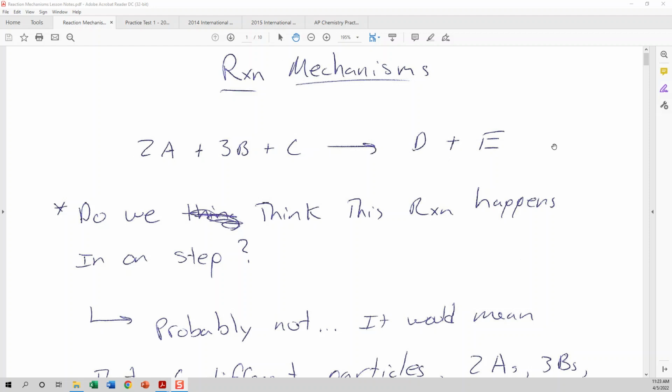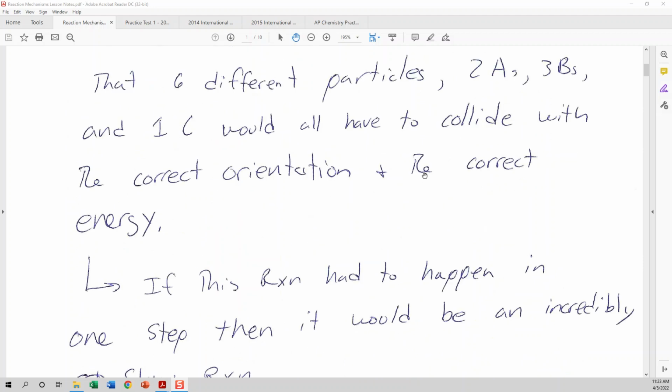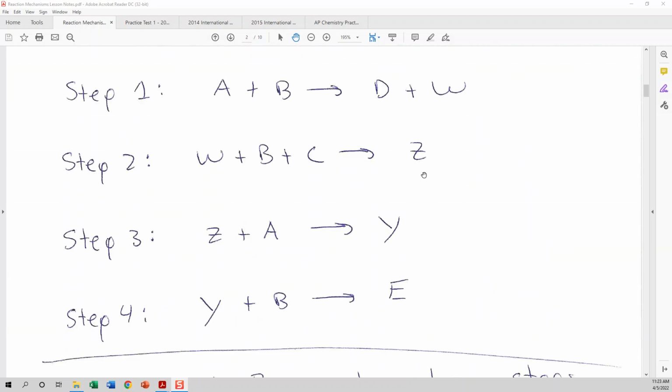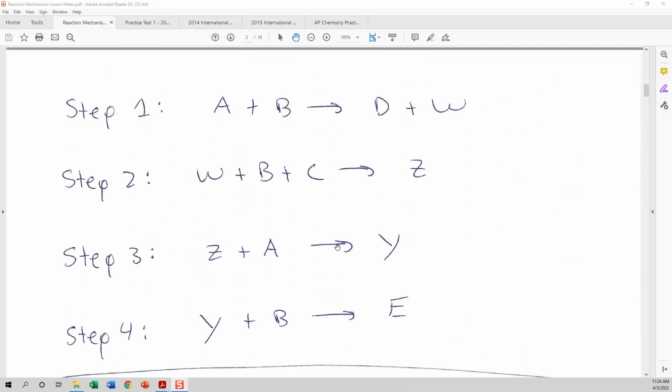They tell us the overall reaction, but a chemical equation doesn't necessarily show each collision that has to occur for the overall process to happen. And that's what a reaction mechanism is. So let's say this is our reaction mechanism. A reaction mechanism shows the different steps that lead up to the overall reaction.